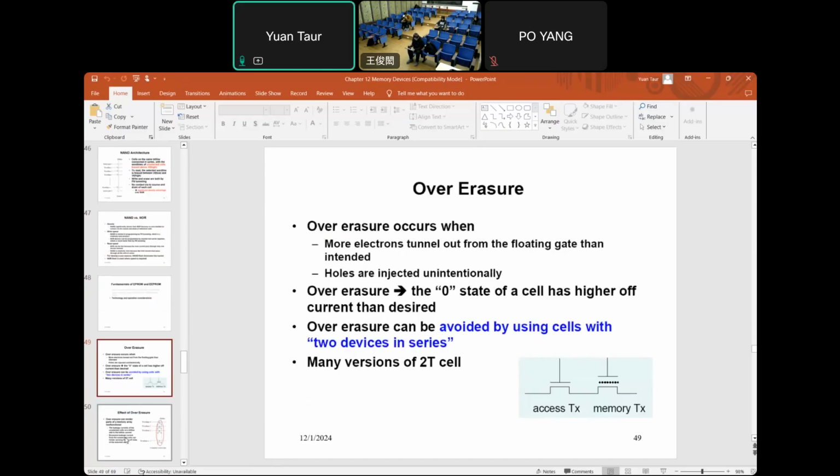Another problem with this kind of architecture is called over erasure.